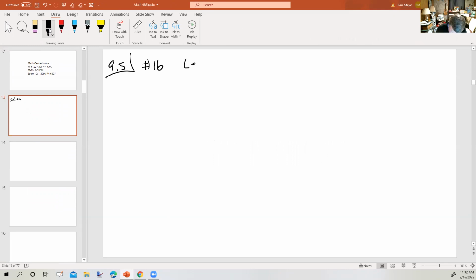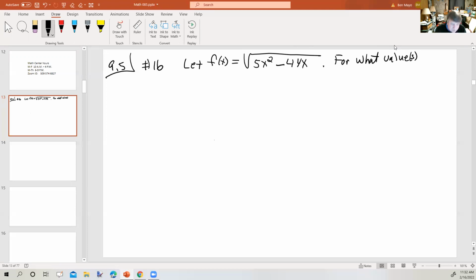Let f of x equal the square root of 5x squared minus 44x. For what value or values of x is f of x equal to 3?